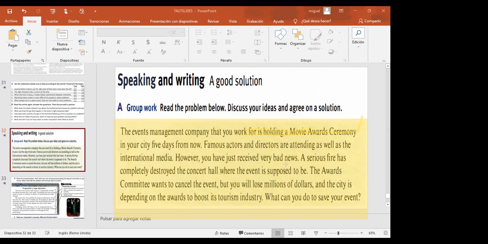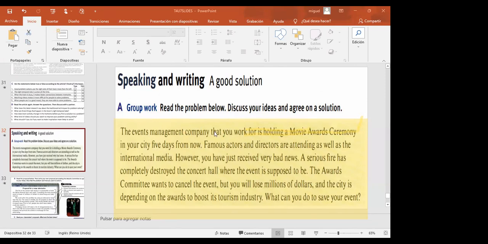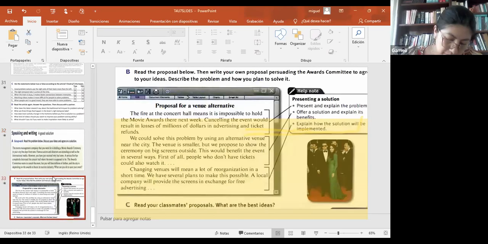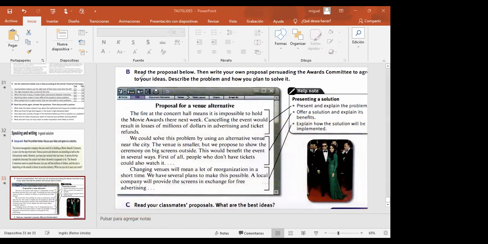Okay, ready? Yes, teacher. Once you have a solution and you agree, you are going to write that solution here like this. That's going to be your assignment, your homework.